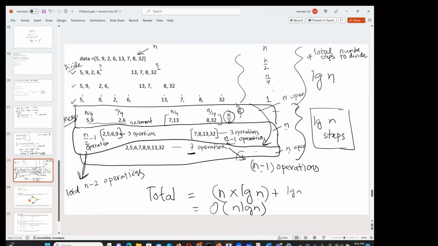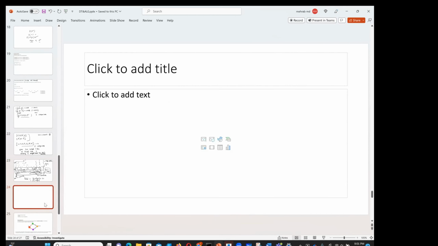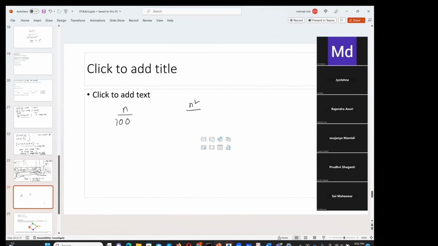Huge improvement, because see, suppose n is 100. n square is how much? 10,000, right? n square is 10,000, whereas n log n is how much? 10 into, what is log 100?